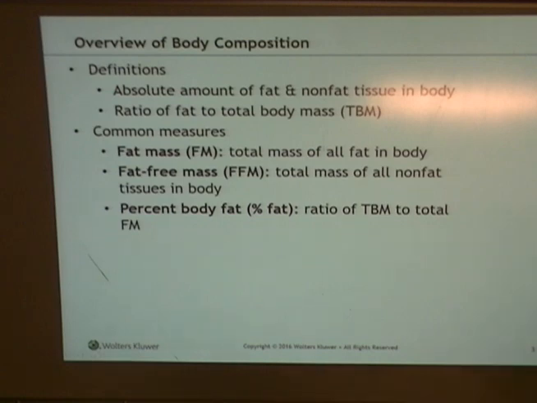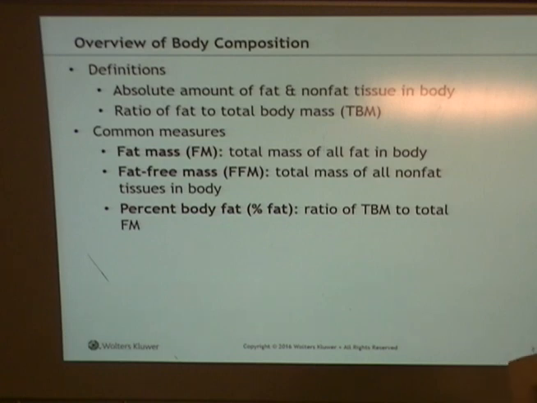Okay, so start off with some verbiage. We are going to use a very simple model of body composition, just a two-factor model. So we're looking at fat versus non-fat tissue or fat-free tissue, and also the ratio of fat to the total body mass.